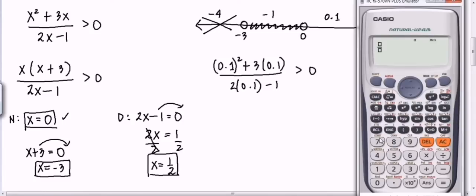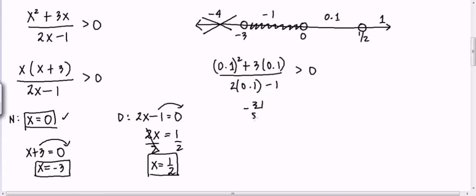So, 0.1 squared, okay, plus 3 times 0.1 over 2 times 0.1 minus 1. So, ang lalabas ay negative number. So, negative 31 over 80 greater than 0. So, this one is false. Okay? Mas malaki ang 0 kaysa sa negative number. So, false yan. Again, false na naman to.